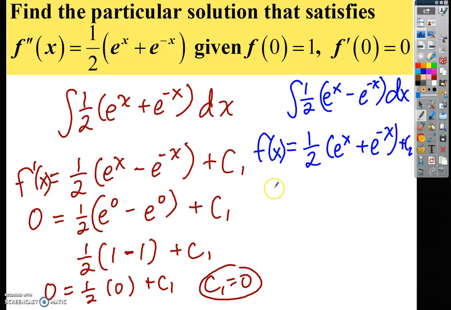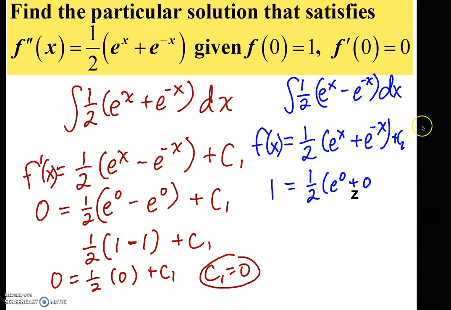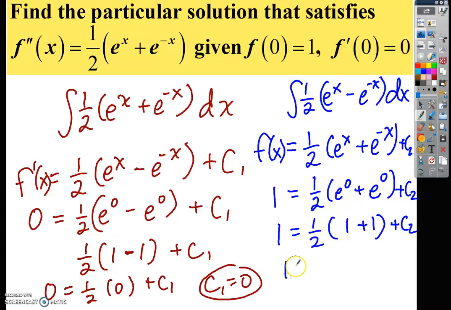And so we will have 1 equals 1/2 e to the 0 plus e to the 0 plus c sub 2, which is 1 equals 1/2 of 1 plus 1 plus C2, which is 1 equals 1/2 of 2 plus C2.